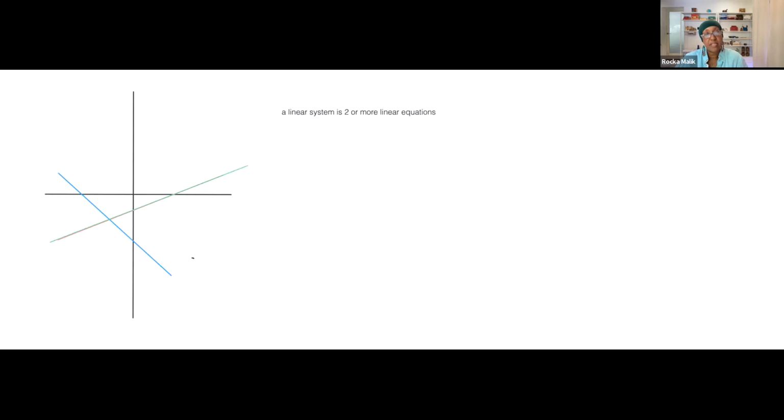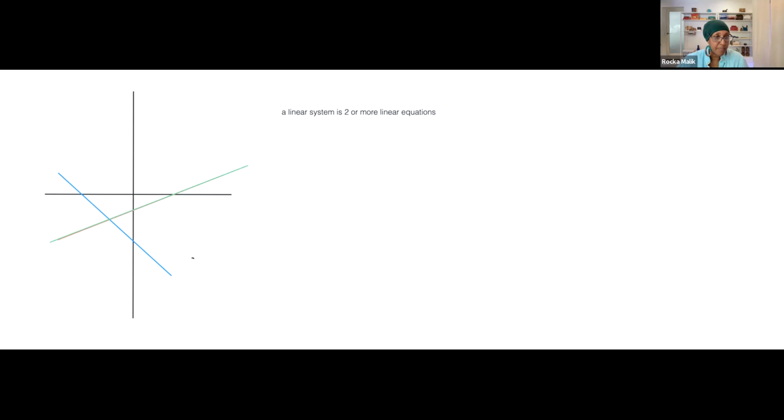So the three things that can happen when lines are on a plane is, one, they can meet at one point. This green line and this blue line meet at one point.